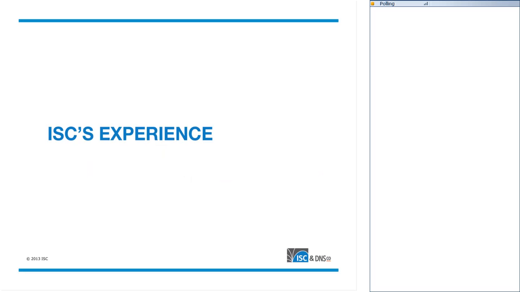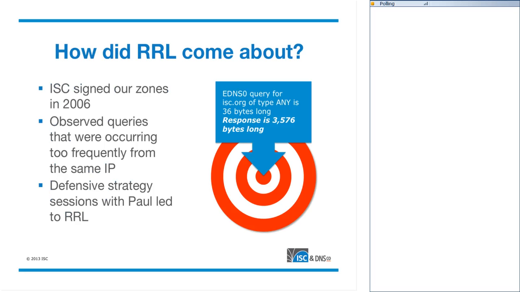Excellent. Good to have you here, Peter. Peter is actually listed in the acknowledgement section of the RRL technical document. And so, Peter, could you let us know a little bit about how RRL came about? Sure. As you may know, ISC has been signing all of our zones using DNSSEC since 2006.